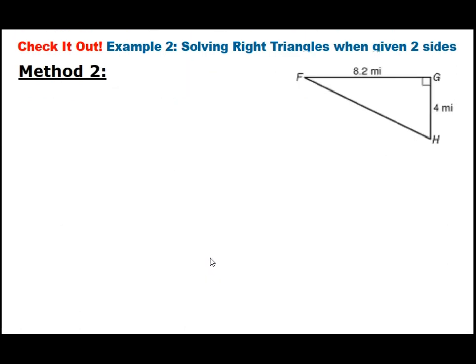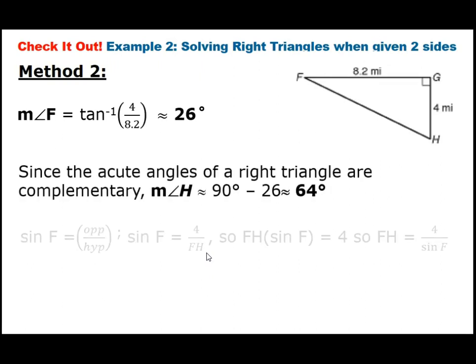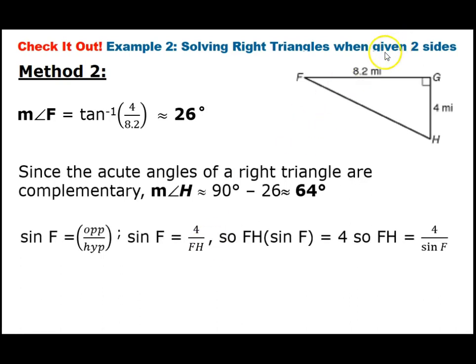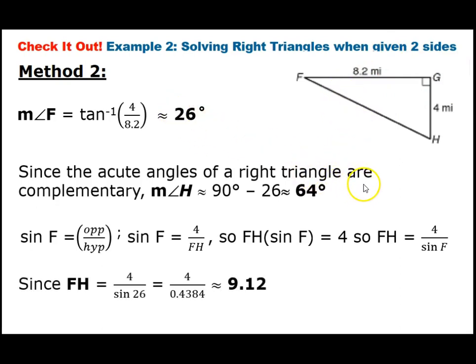If we use our method 2, the first part of this is going to be the same, finding that angle and subtracting it from 90. Now, if we want to use the ratio to find the third side, we're going to use one of these two angles that we found. So up here, I'm going to do the sine of 26.